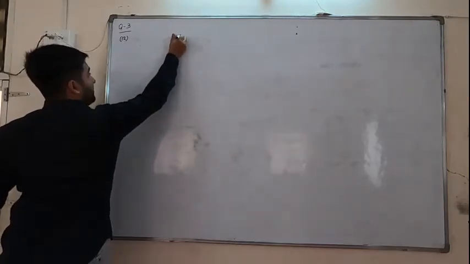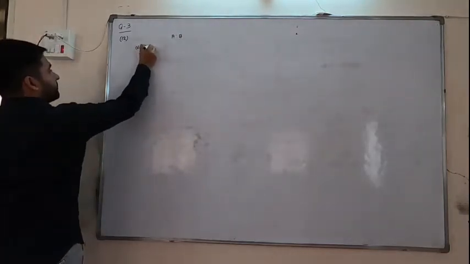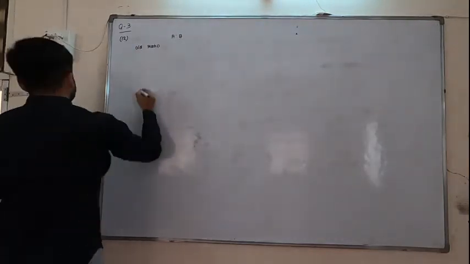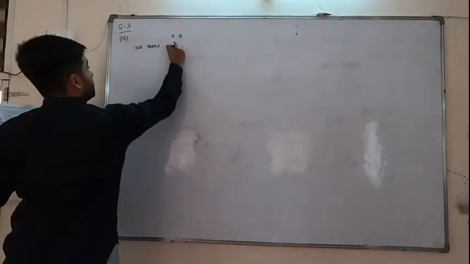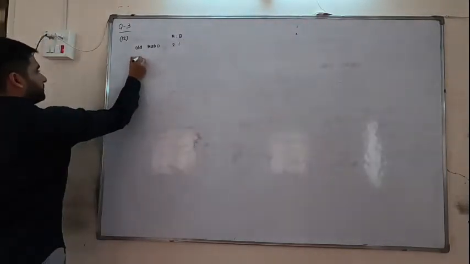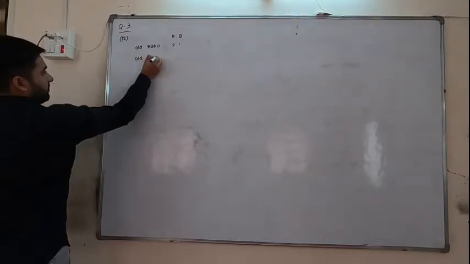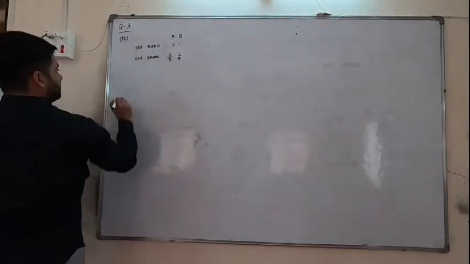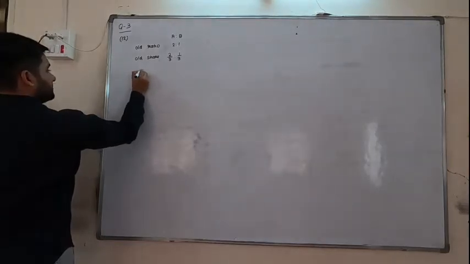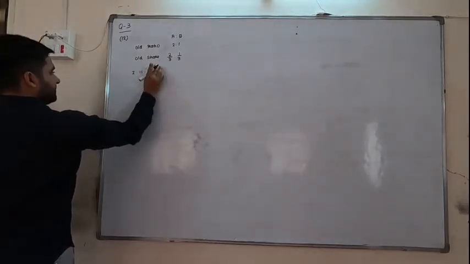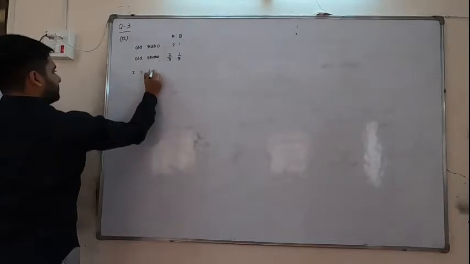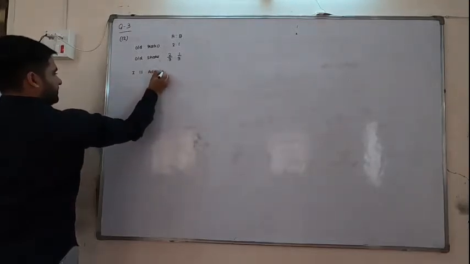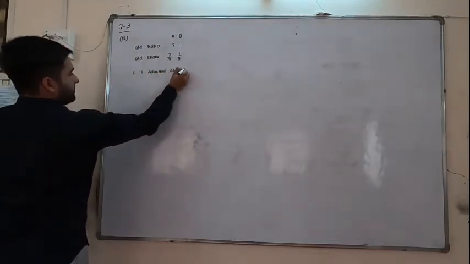So this thing is very important. A is to B, old ratio 2:1. Old share 2/3, 1/3. Z is admitted as a new partner.